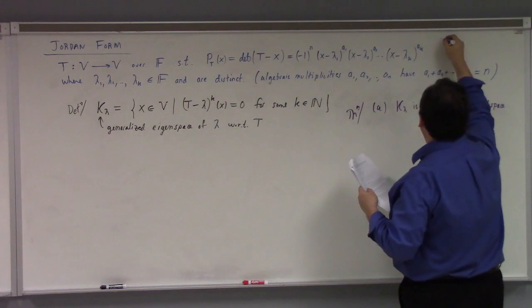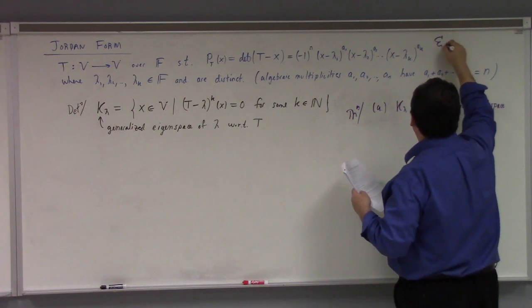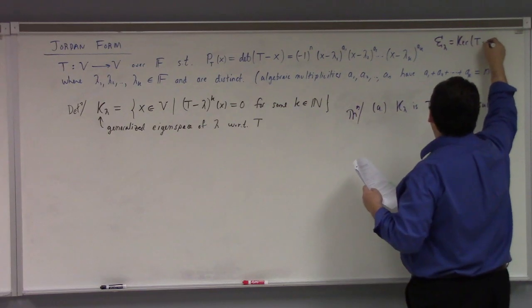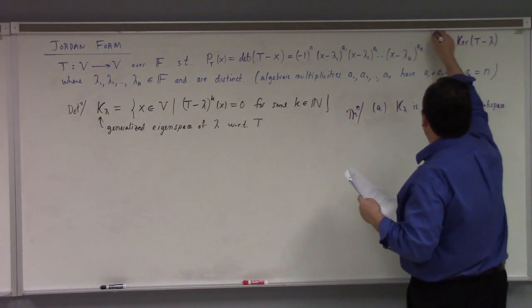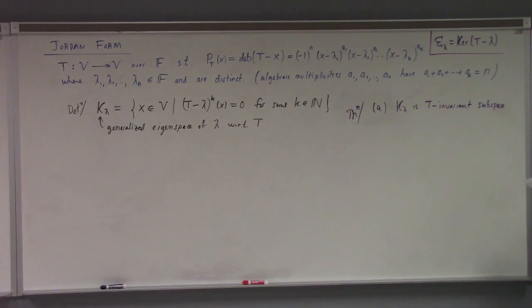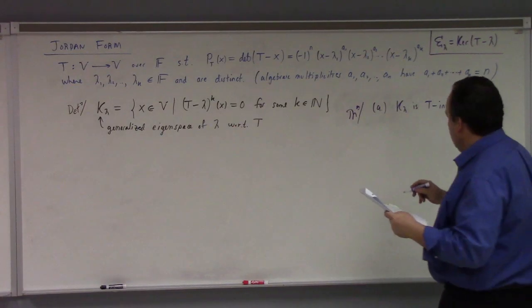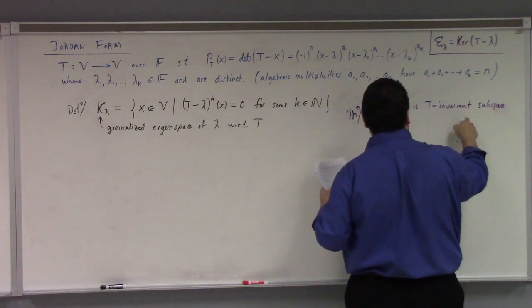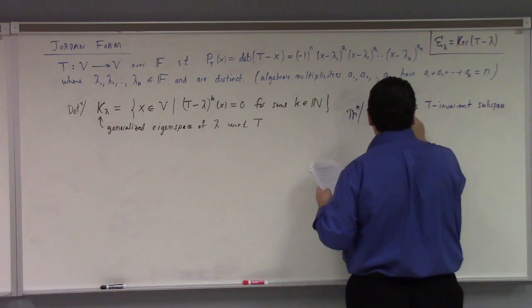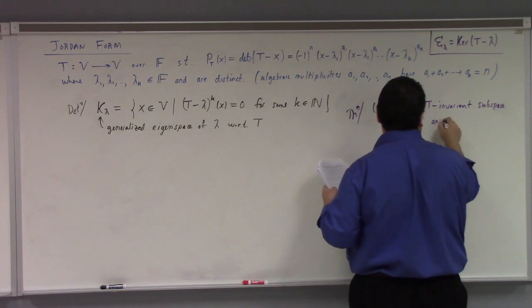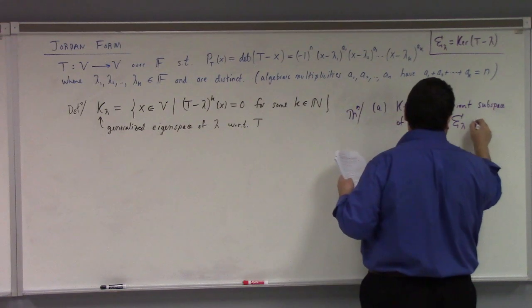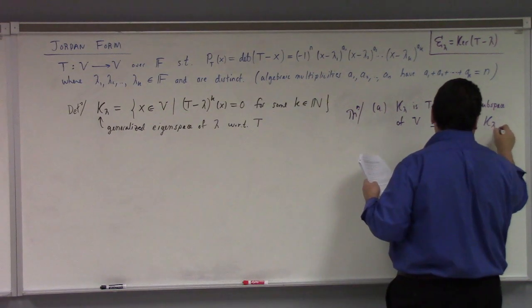Just a point of reminder, E sub lambda was just the kernel of T minus lambda, right? That's the eigenspace for eigenvalue lambda. And so K lambda is a T invariant subspace of V. And by the way, E sub lambda is a subspace of K lambda.